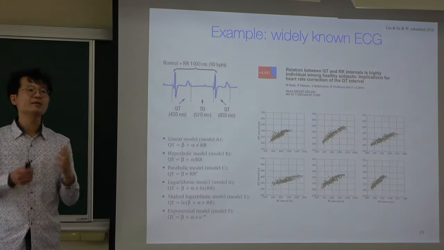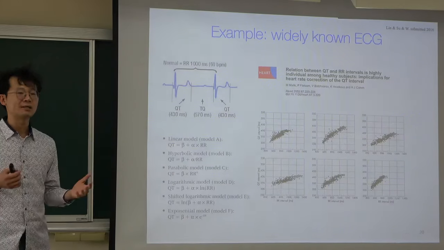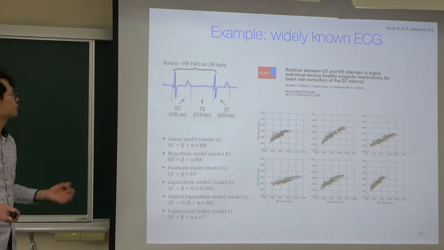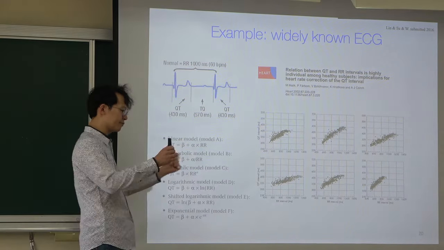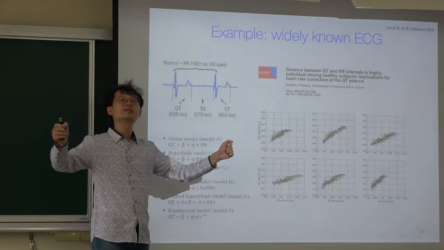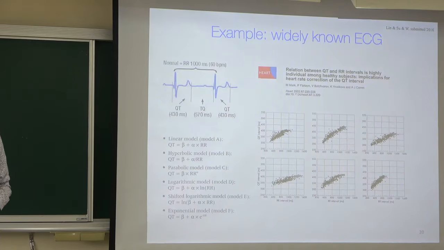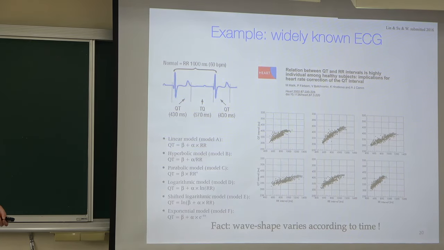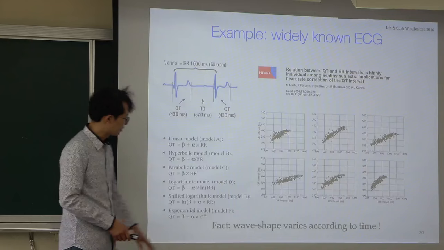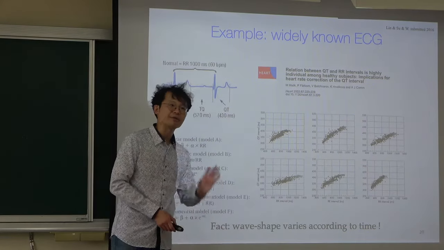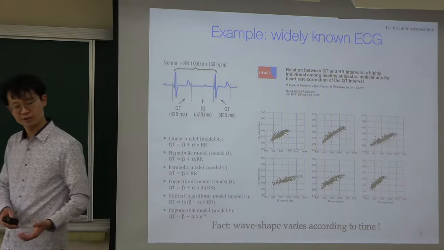So because it's not linearly related, the traditional model, again, doesn't really hold. Because the traditional model needs the idea of linear stretching of the wave shape manifold or wave shape function. So wave shape function varies according to time, and this variation needs to be captured better.